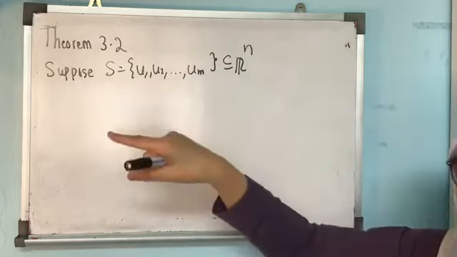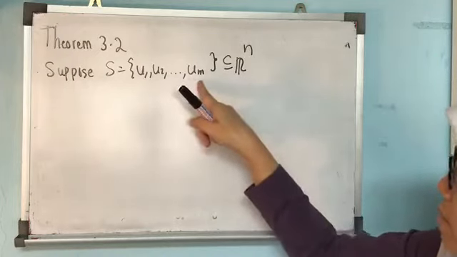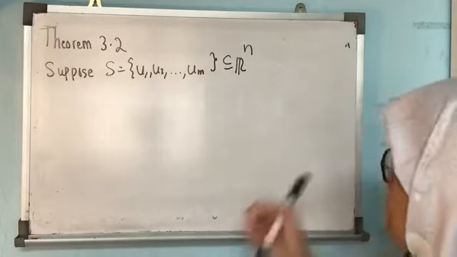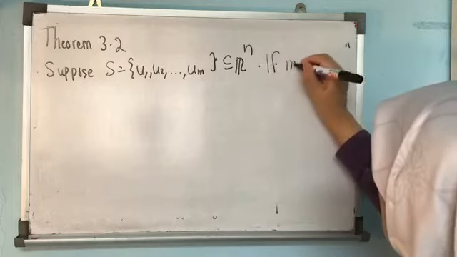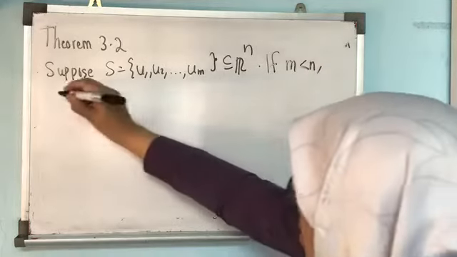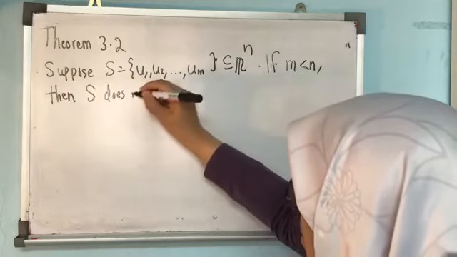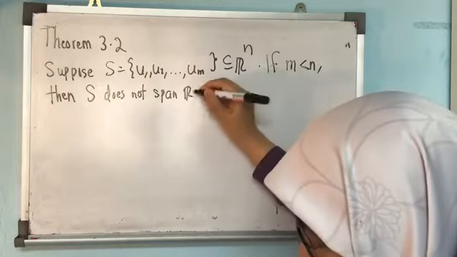Okay, see, just now I used K, but now we use M. There are M of them in Rn. Okay. If M is less than N, then S does not span Rn.